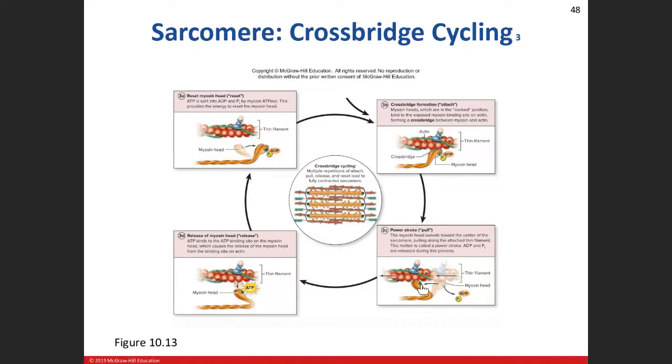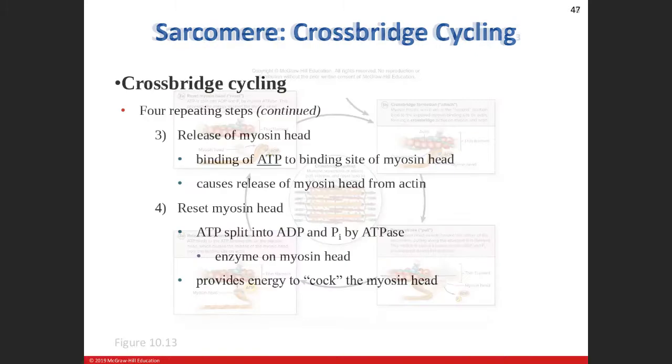So now it has an exposed binding site, and we're going to see ATP come into play in a moment. So this is the power stroke. We pulled the thin filament past the thick filament, we're starting to contract the muscle, and as that happens, the ADP and the inorganic phosphate fly off that binding site.